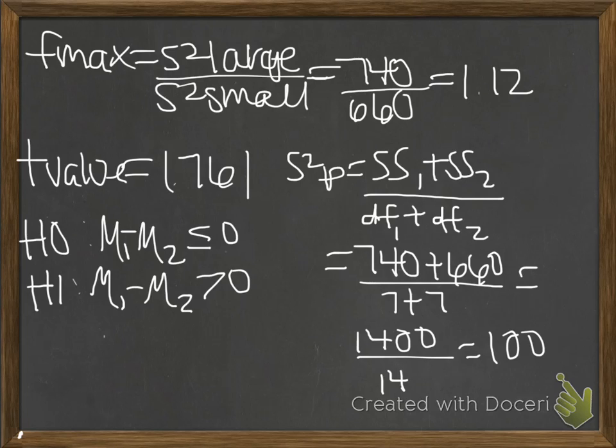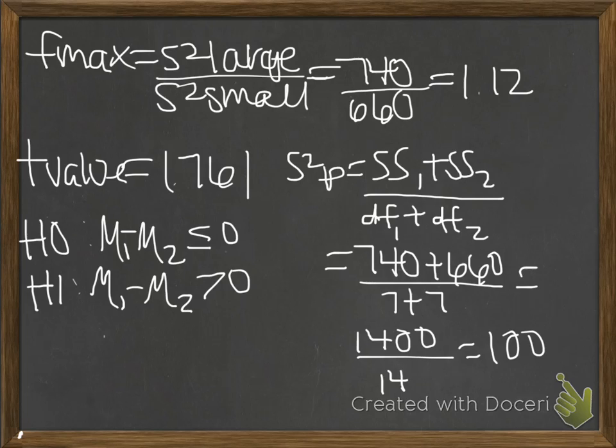So now that we've established that, we first need to do our pooled variance in order to start on our first step towards getting our t observed. The pooled variance formula is the sum of squares 1 plus sum of squares 2, divided by degrees of freedom 1 plus degrees of freedom 2.